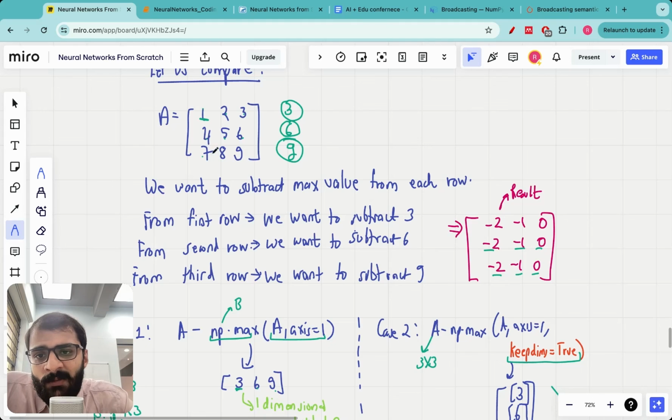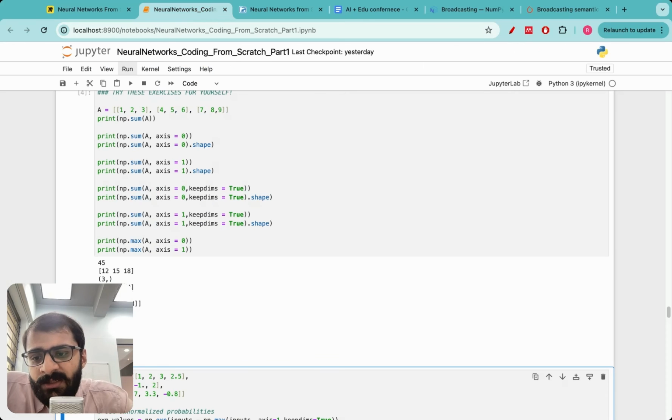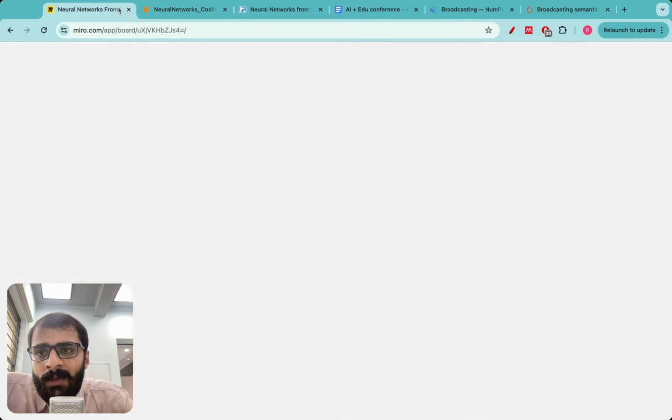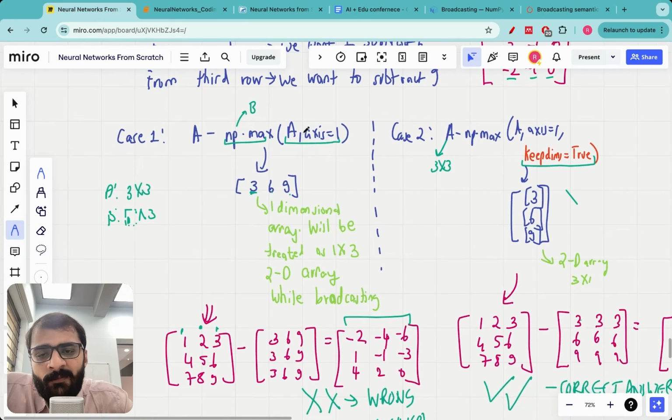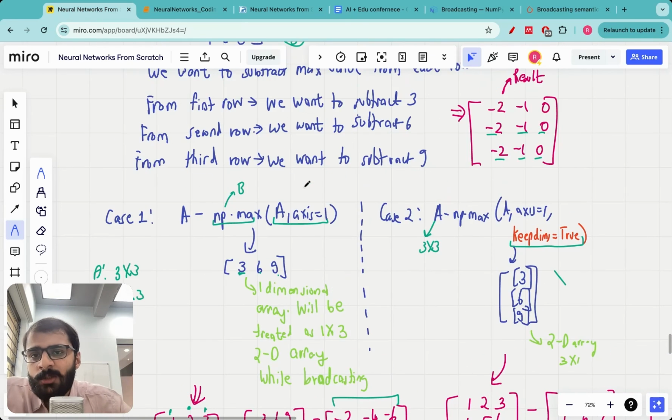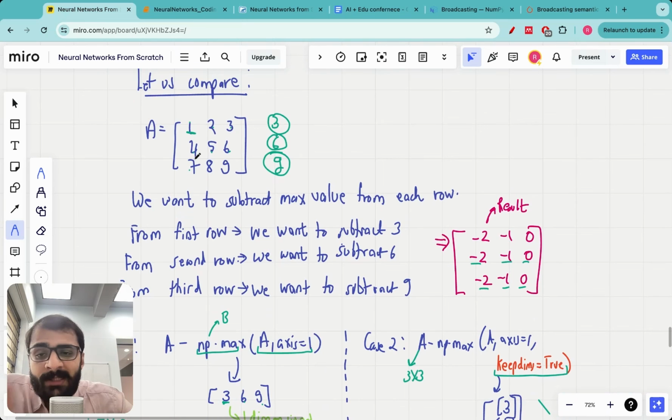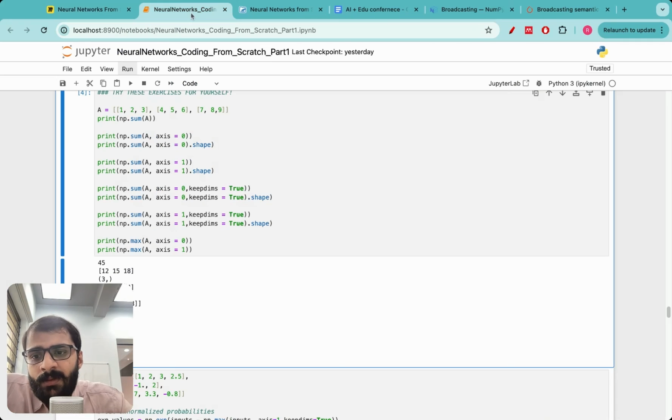So the answer will be 7, 8, and 9, which is this 7, 8, and 9. But like what we have done over here, if you do np.max along axis equal to 1, it will compare the columns. So then first column, second column, third column. So the answer will be 3, 6, and 9, which is exactly what we see over here.